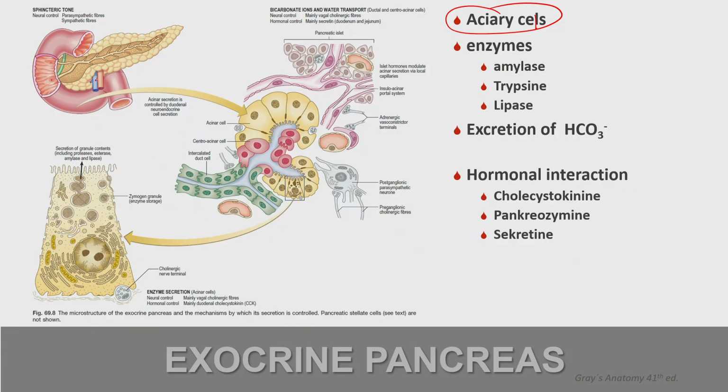So amylase is for glycids, trypsin for proteins, and lipase for lipids. And also important is the excretion of HCO3 ion.